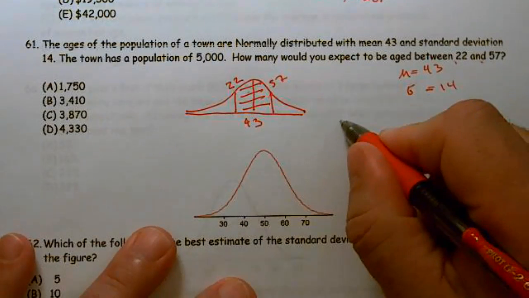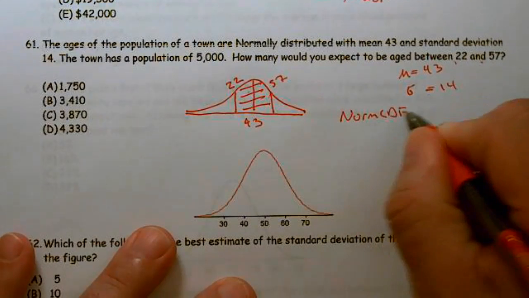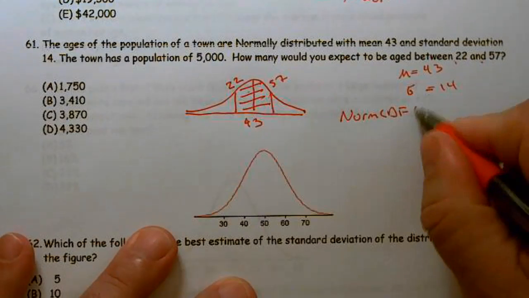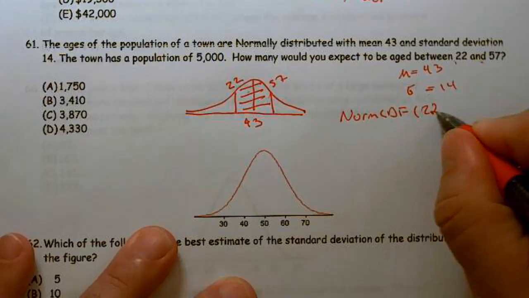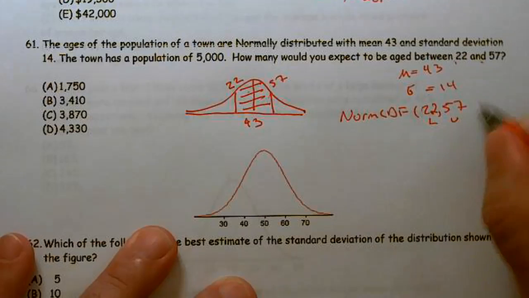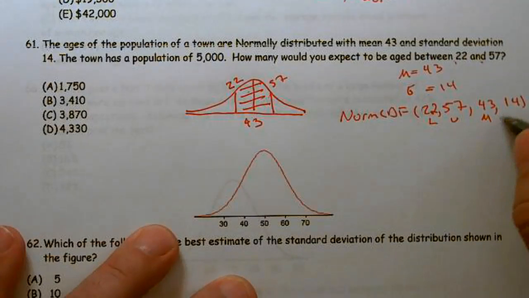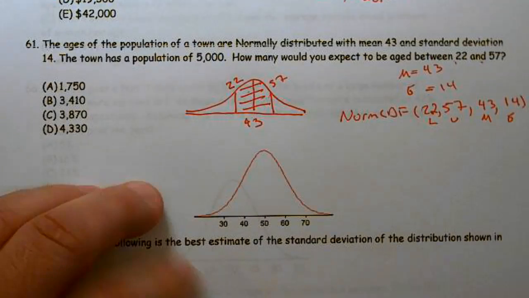This is going to be a normal CDF because we're working with a normal curve. Our lower is going to be 22, our upper will be 57, mean of 43, standard deviation 14.